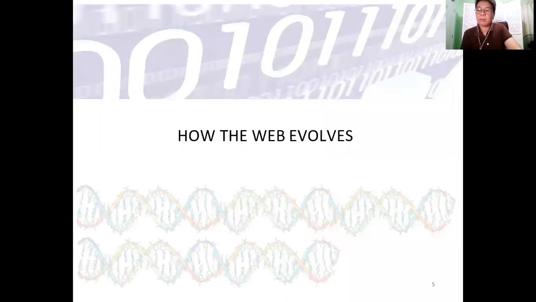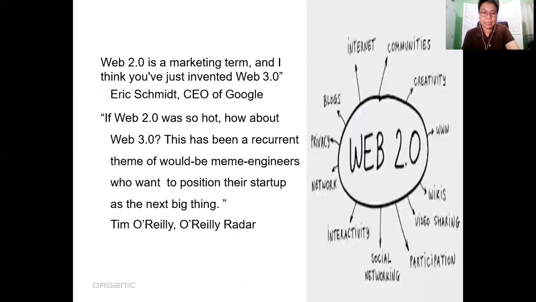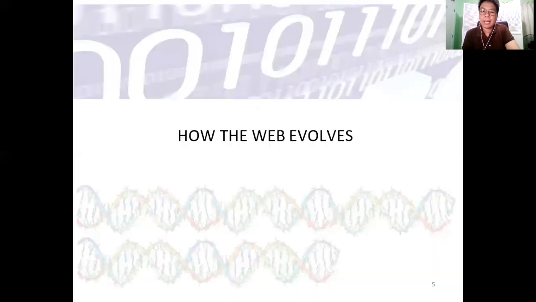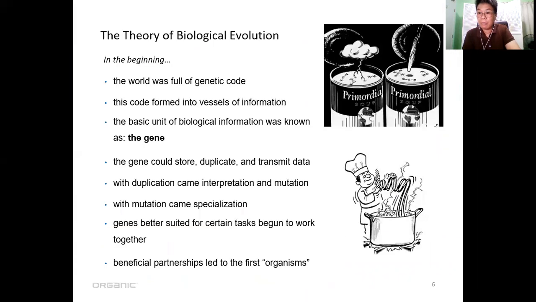So how did the web evolve? Normally, it has a pattern. A lot of people, like Tim O'Reilly, mention the theory of biological evolution.